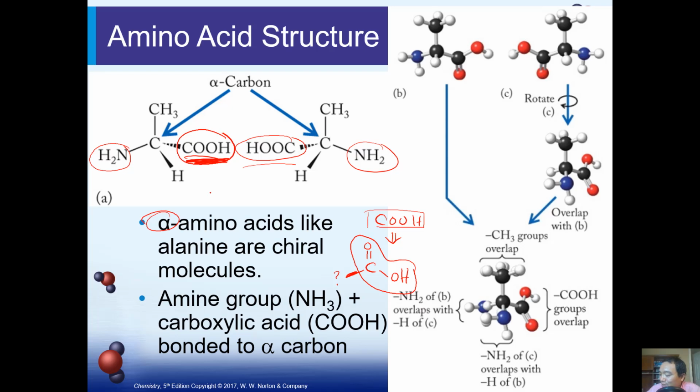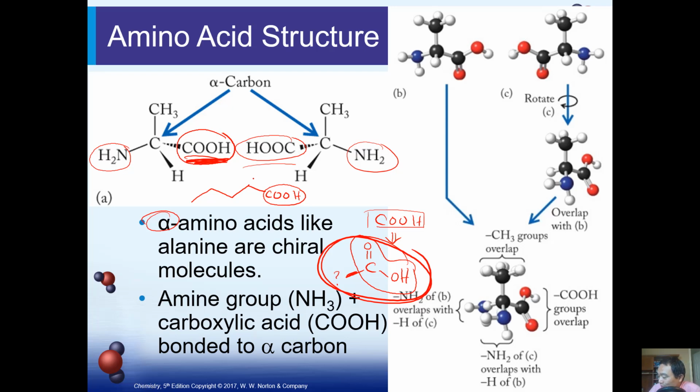Here is the carboxylic acid. For example, if I give you a line structure for this carboxylic acid, that's a carboxylic acid because you have COOH, which is equivalent to what I drew over here. So how do we name the carbons?